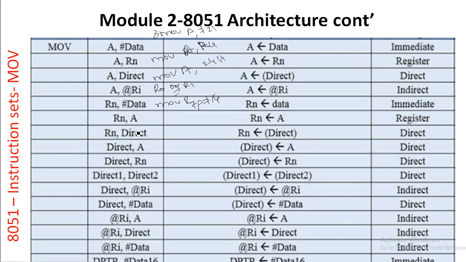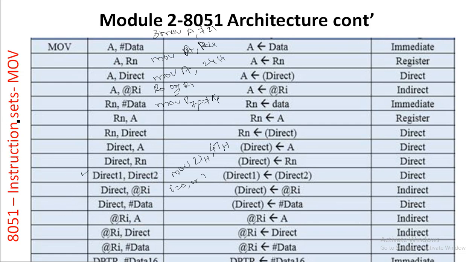MOV Rn, A. MOV Rn, direct. MOV direct, another useful instruction. MOV 21H, 47H. What is the meaning of this instruction? From the memory 47, whatever be the data, copy it to 21. That is what this means. MOV direct, @Ri, the opposite. Ri can be R0 or R1, so it is register indirect addressing mode. MOV direct, #data. These are very clear, self-explanatory. MOV DPTR, #16H.